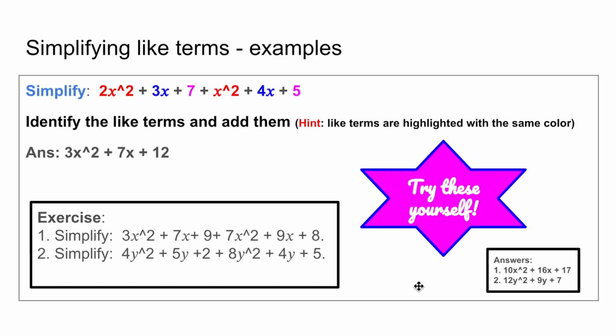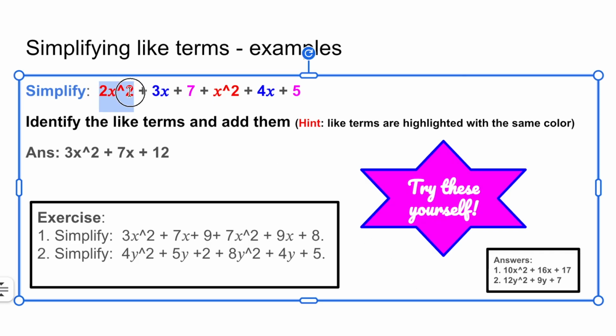Let us see a slightly complex example. See this. 2x raised to the power 2 plus 3x plus 7 plus x raised to the power 2 plus 4x plus 5. That is the expression we have to simplify. We have to follow all the PEMDAS operations, but here there is not much PEMDAS involved, but we will have to still see what we can do first.